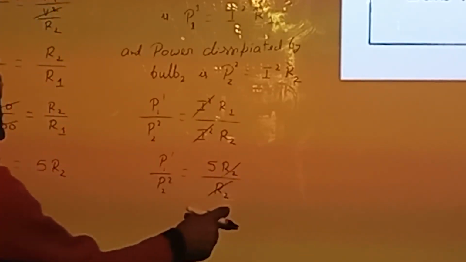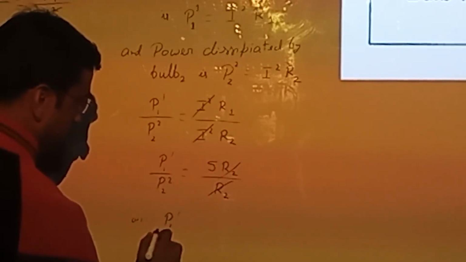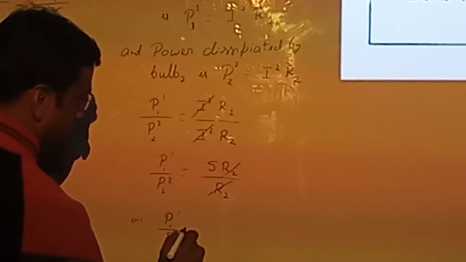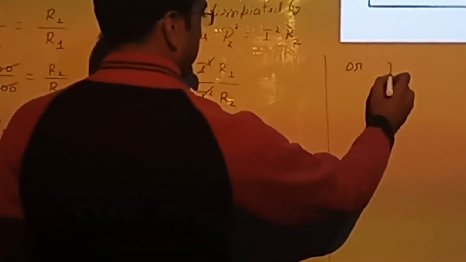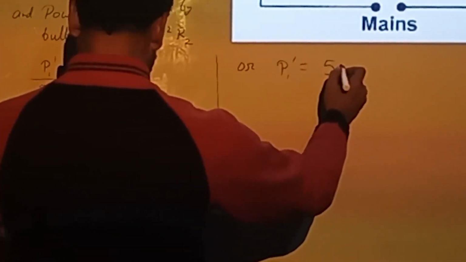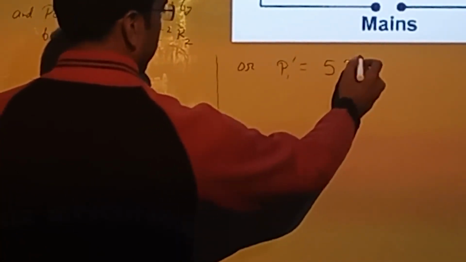By cancelling R2 and R2, we have P1 upon P2 equal to 5, or P1 equal to 5 times P2.